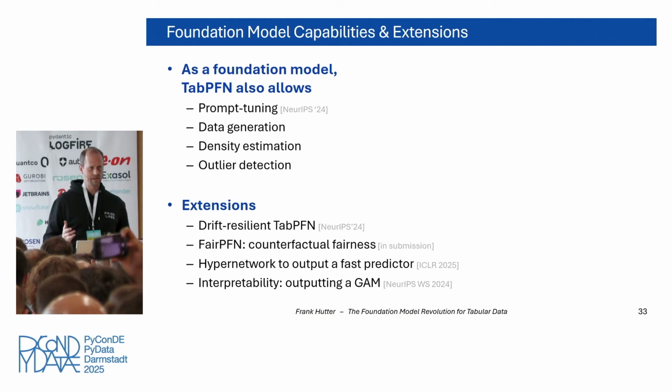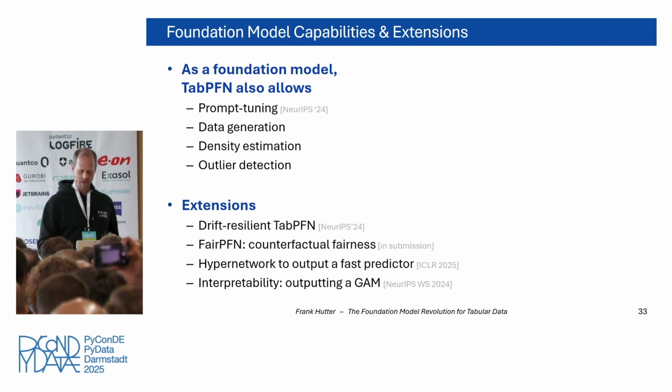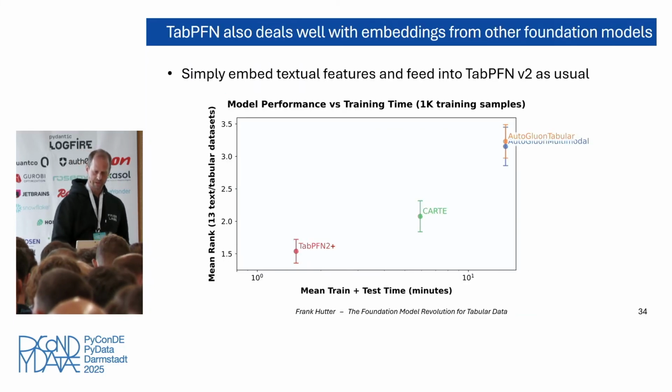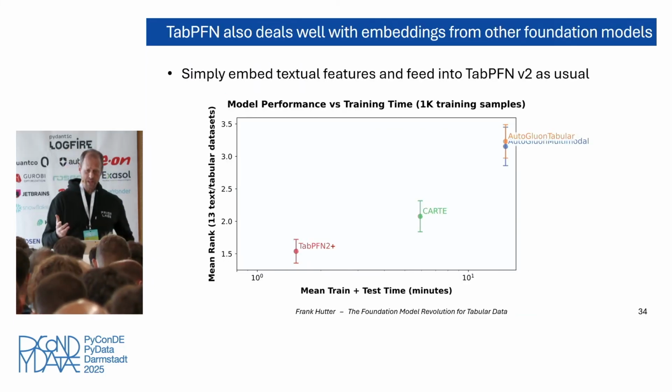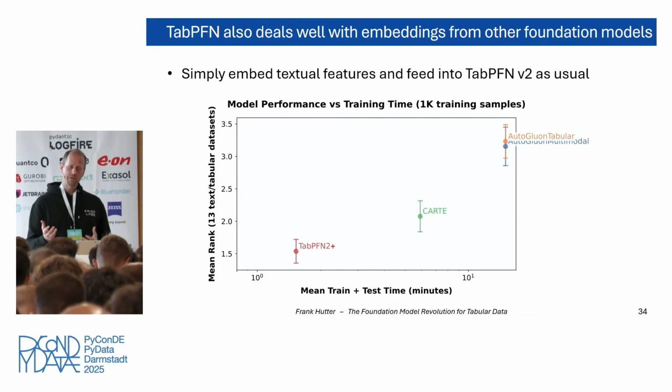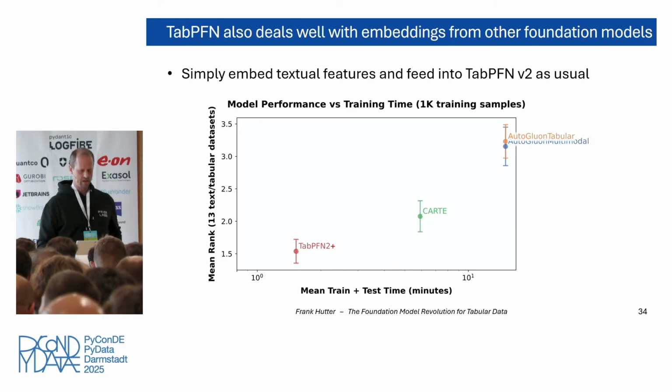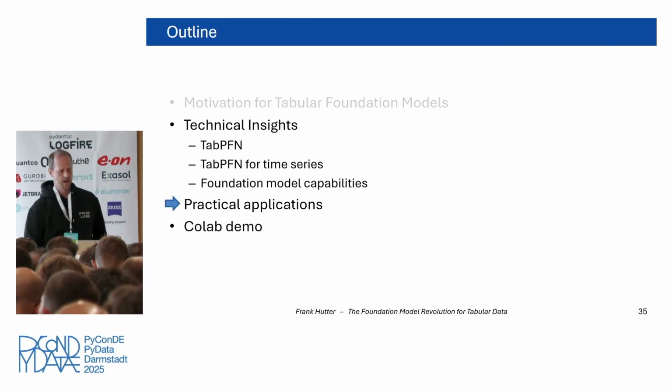So you can see this as a different way of training a GAM, that's actually faster and slightly better than previous GAMs. As a foundation model, it also works out well with other foundation models, so you can embed textual features and feed them into TabPFN, just like normal features, and that actually then works really nicely.